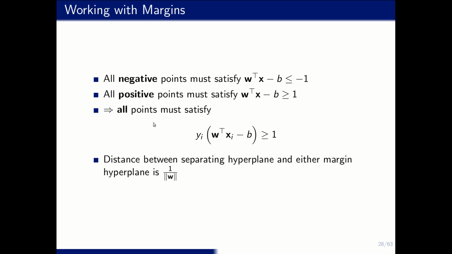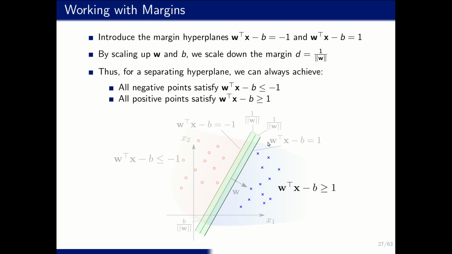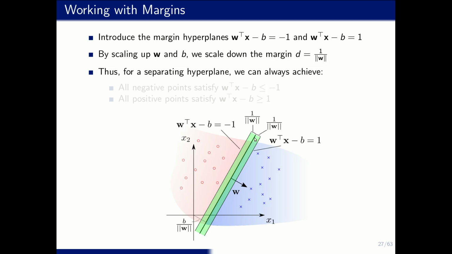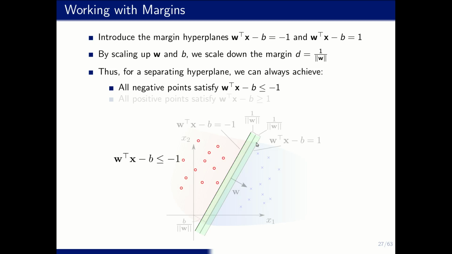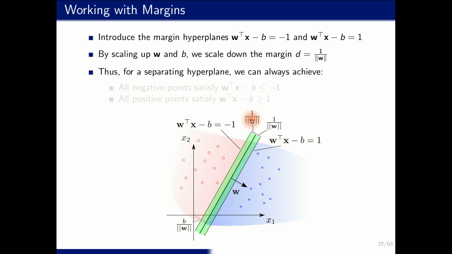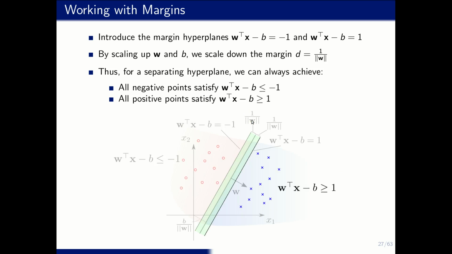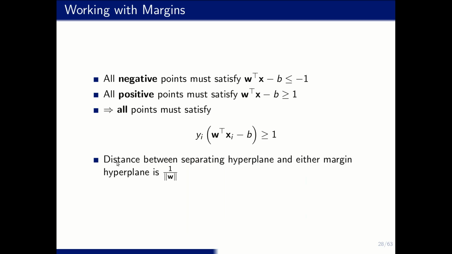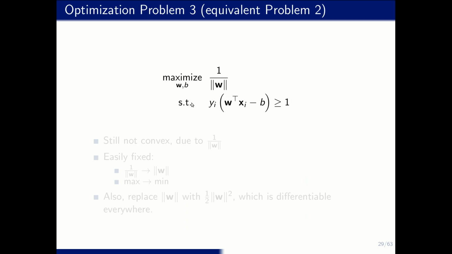And additionally, we saw that the distance between our separating hyperplane and either of the margin hyperplanes, so again, this in the middle is our separating hyperplane, and these are the margin hyperplanes, the distance is 1 over the norm of w. And this leads to the following optimization problem.